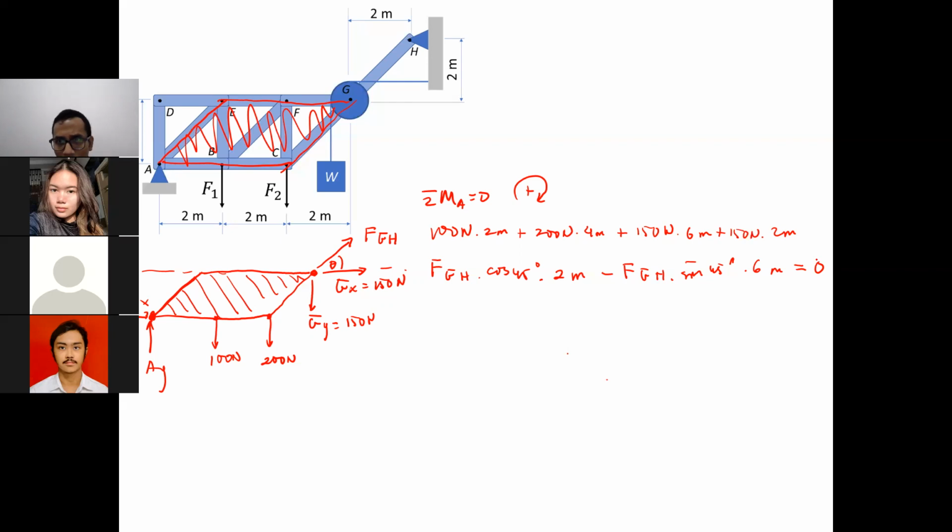This one is 200 Newton meter, 800 Newton meter plus 900 Newton meter plus 300 Newton meter, cos 45.